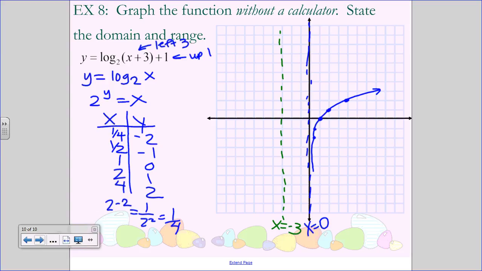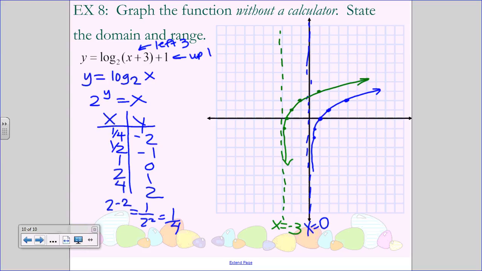Then I'm going to move all my points over, left 3 and up 1. So that is the translated function.